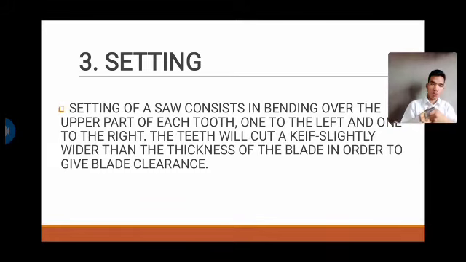Para papasok to hanggang sa matapos, kahit ganito kakapal yung wood, you can still continue cutting because these teeth are giving a clearance to the blade. Okay.